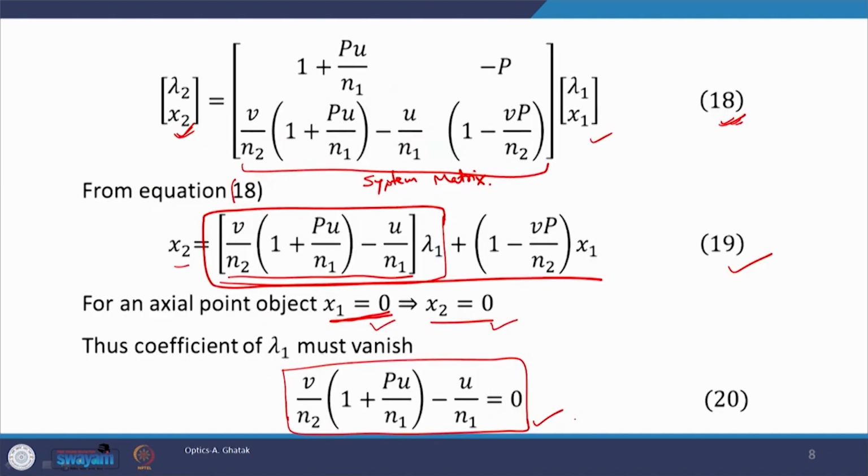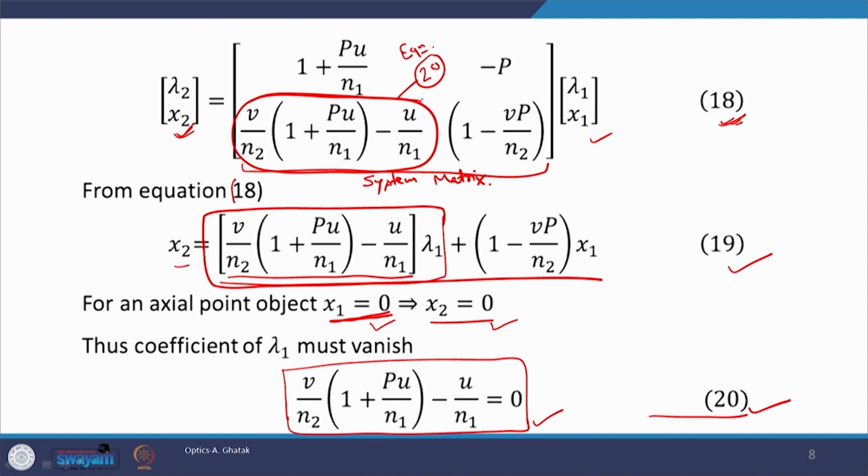Okay. Let us go back again. What we did, we substituted this term. What does equation number 20 represent? Equation number 20 represents this term of the matrix. Okay. This is nothing but your equation number 20. Okay.